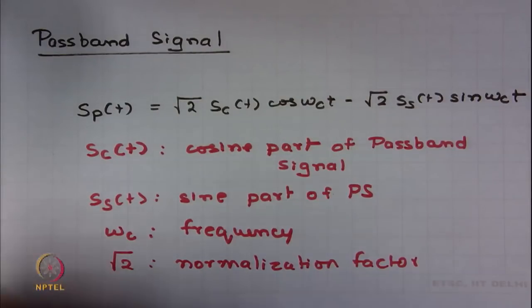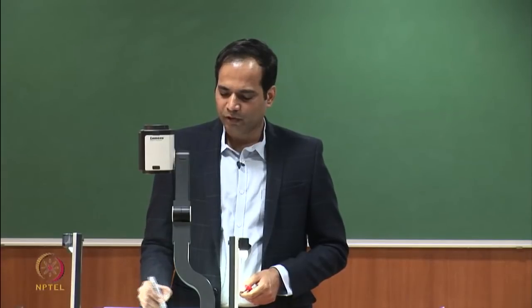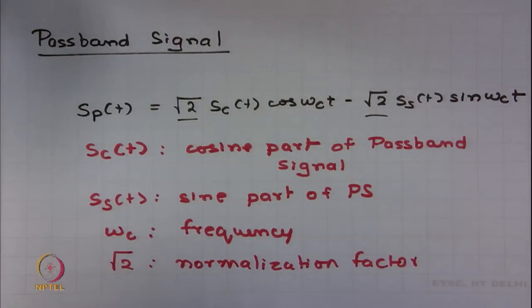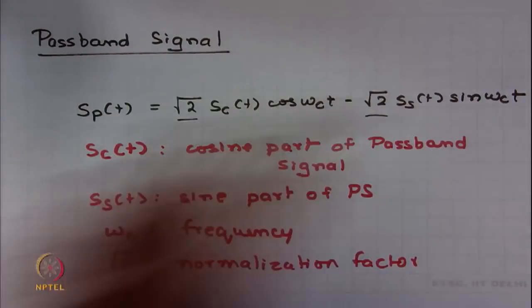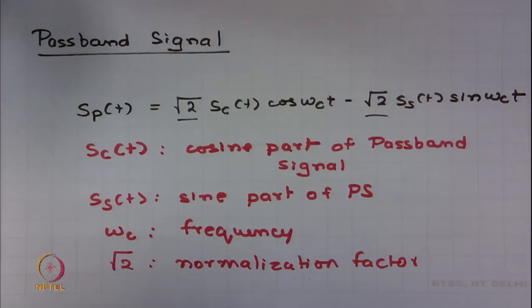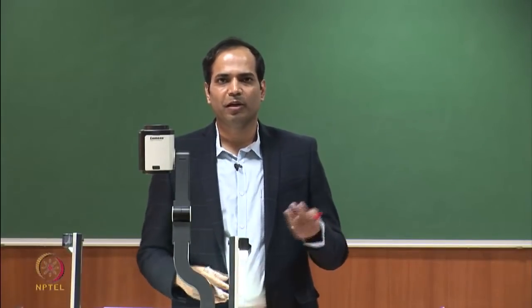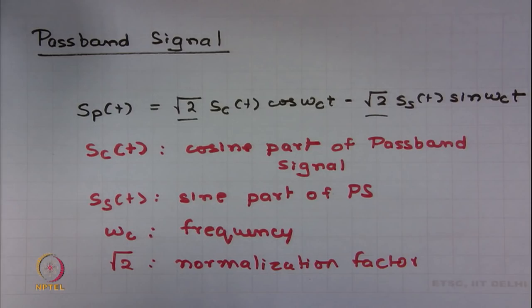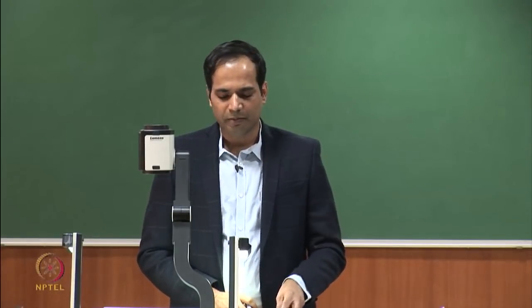So, do not get confused, they simply do not have this root 2 factor. There are certain books which have, instead of root 2, a factor of 2. Different books use different normalization factors. Why we are using root 2 will eventually become clear, because this is going to make some equations messy. You are going to have a lot of root 2's in the equation. So, there is a certain price that we pay for having this root 2, but it also gives us some advantages which will eventually become clear.